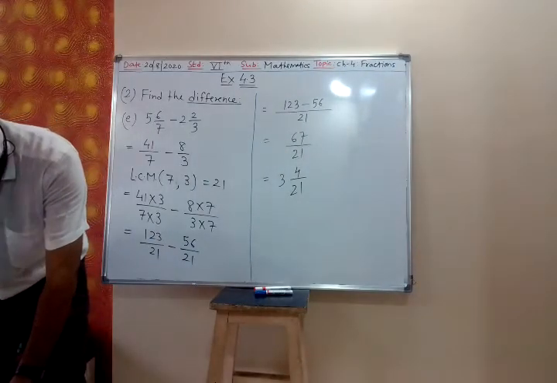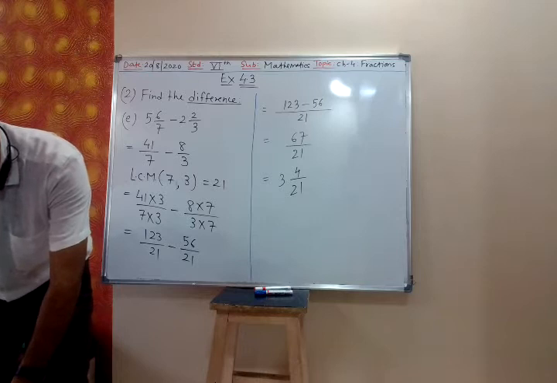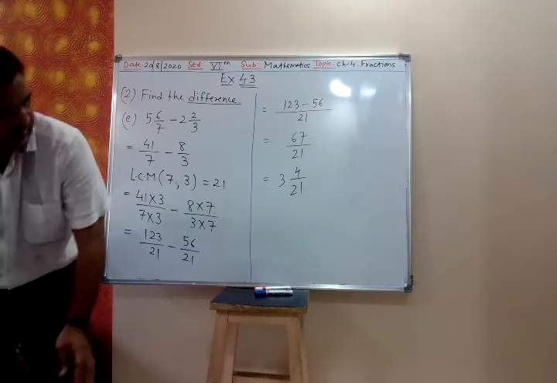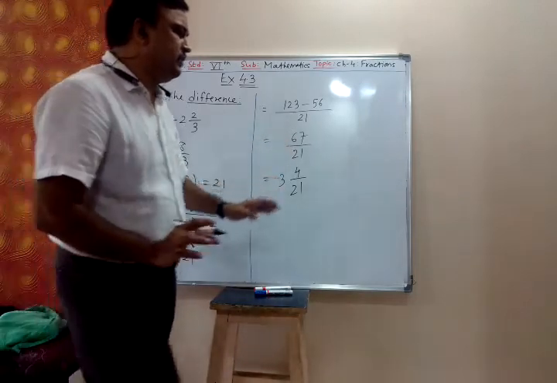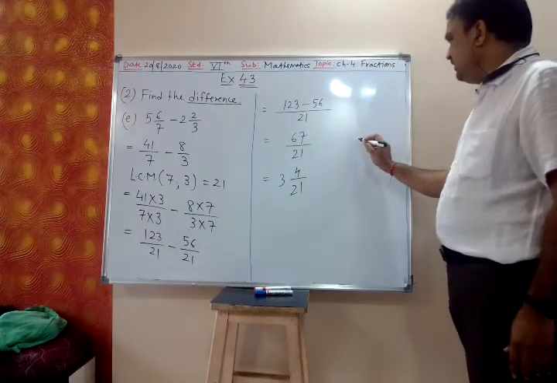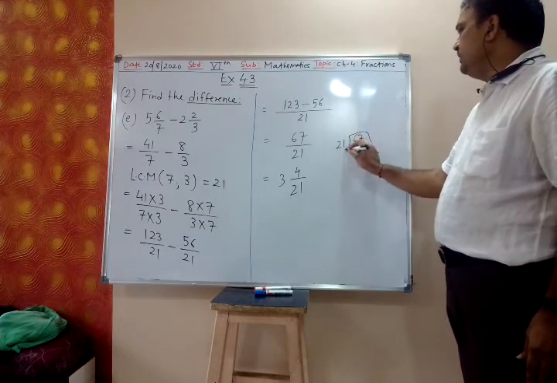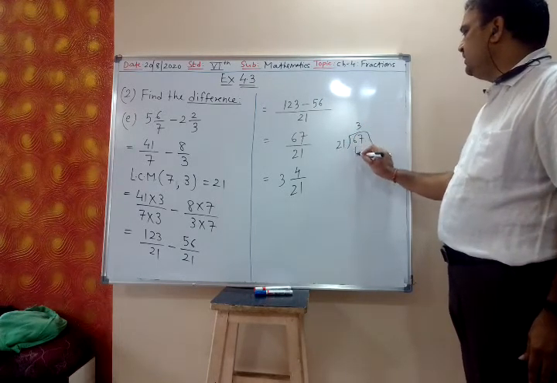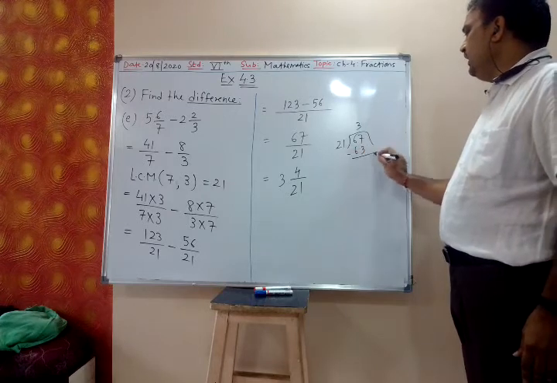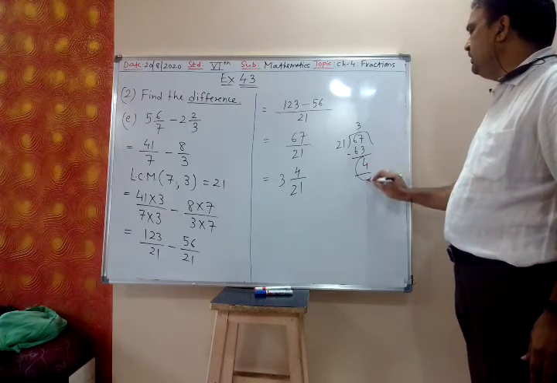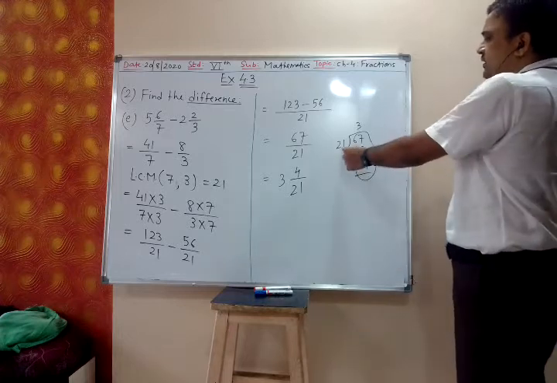Whenever you are given a mixed fraction, divide 67 by 21. So 21 threes are 63, and this is 4. 4 is the remainder.